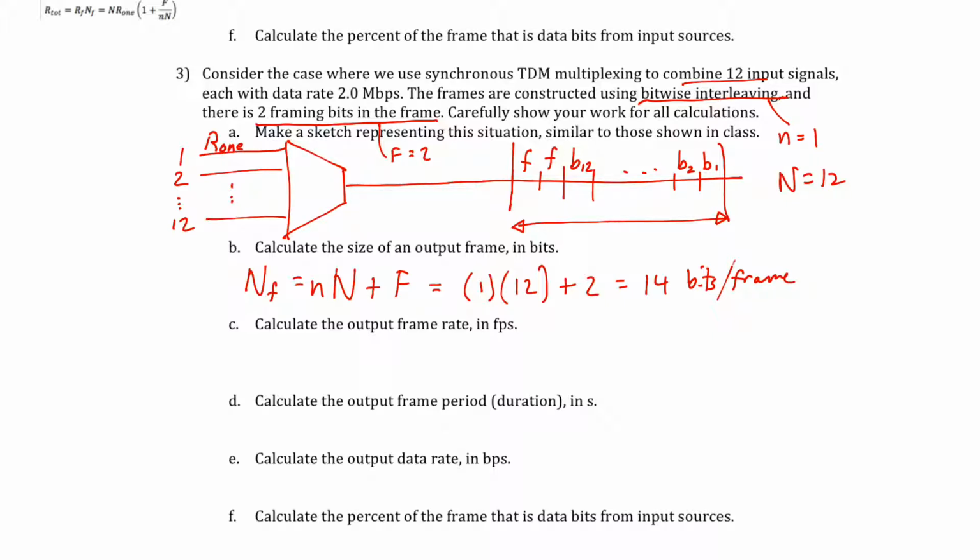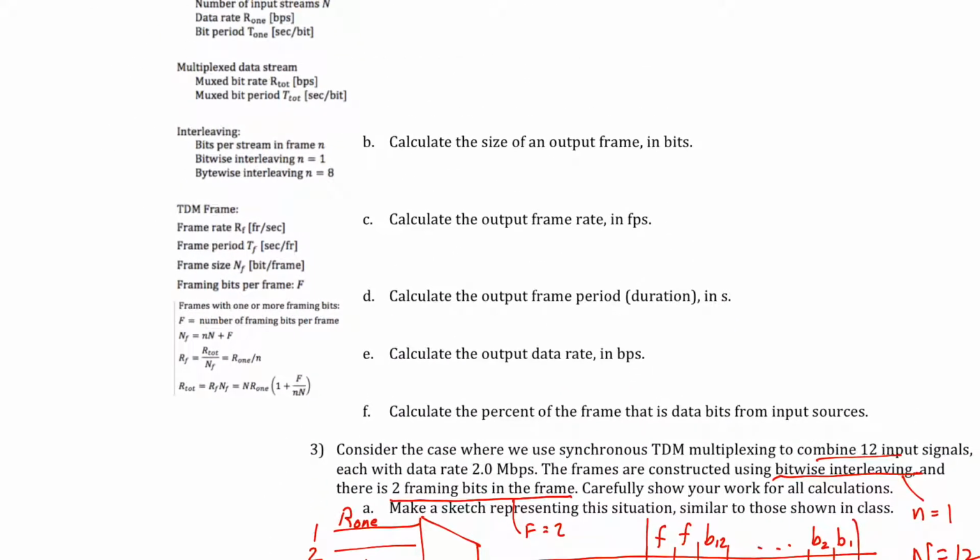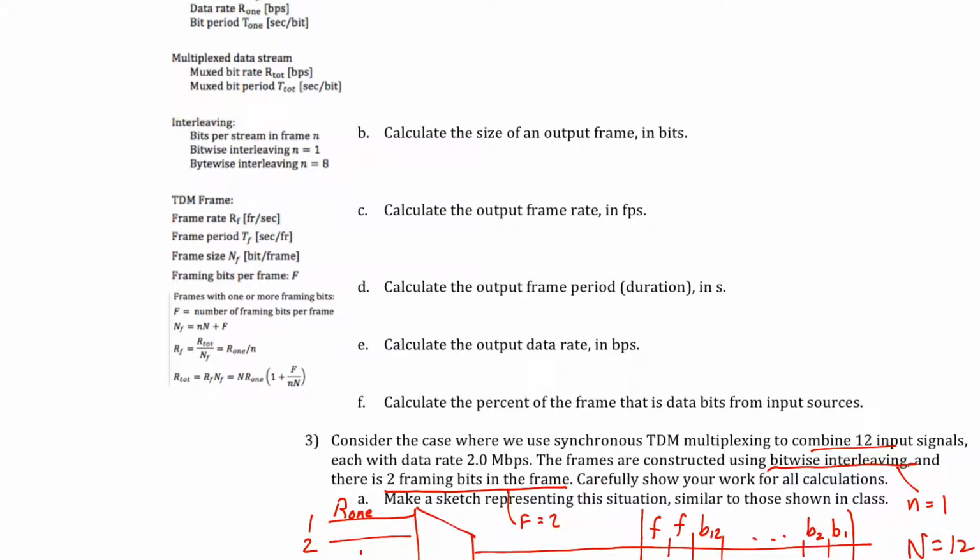The frame rate is easiest to calculate by saying it is the bit rate of one of the input sources divided by the number of bits from that source, or from any of the sources, that's in the frame. And this equation is given above here. The frame rate is R1 over n.